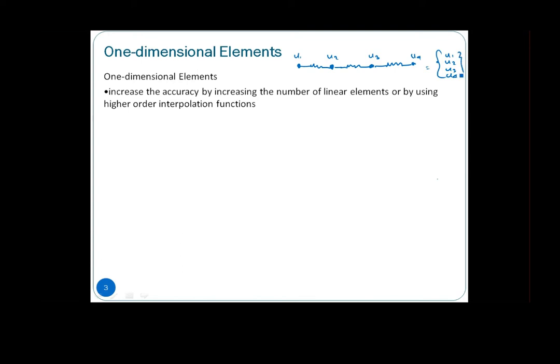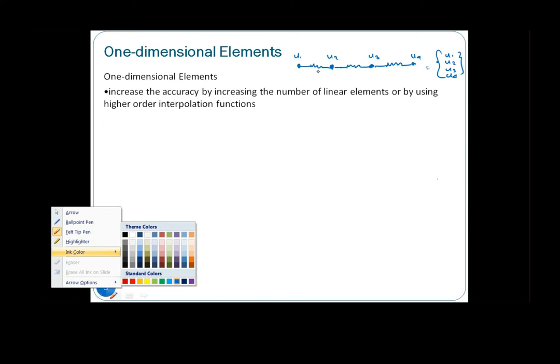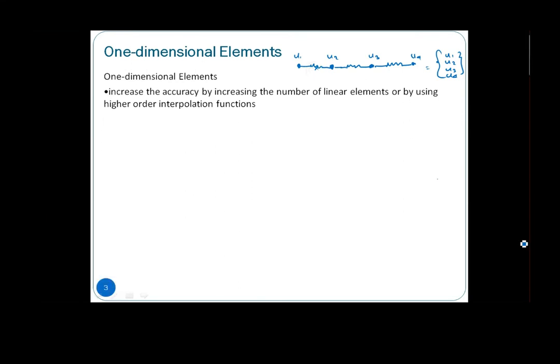If I want to increase my accuracy, meaning if I want to find the displacement or deformation at this particular point, or probably this point, or here, that is not available in what we have, because what we solved is basically U1, U2, U3, U4.